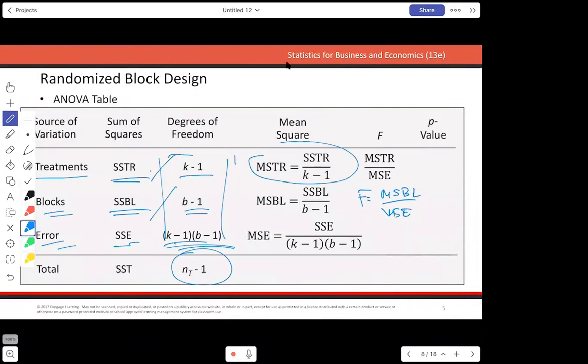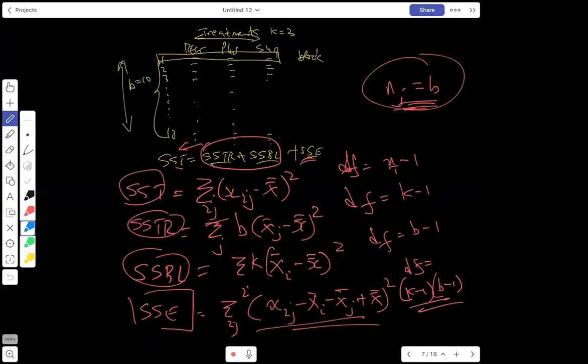Well, that's if we wanted to test whether the mean mileage for the cars is different, for example. In the example I just did, the treatments were the types of gasoline. So I am asking whether the mean performance for the different gasolines is the same. That's the usual test that we do. But what if I wanted to ask you the question, is the mean performance for the cars the same?